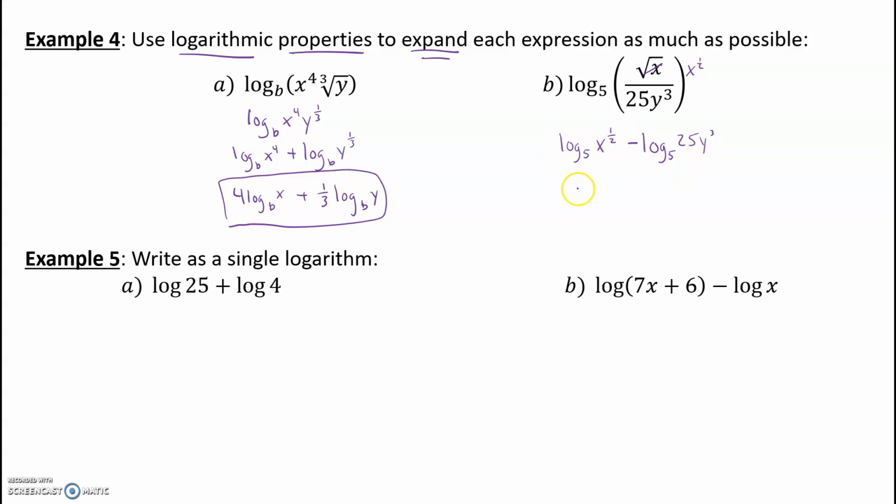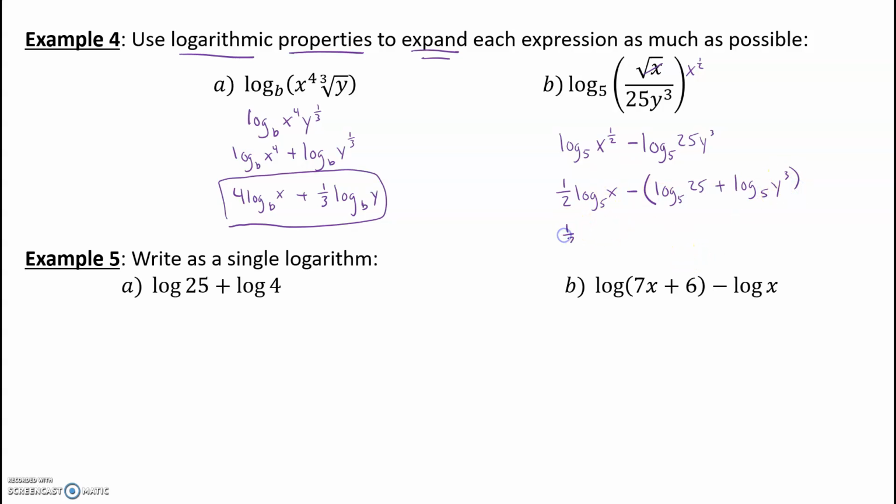Here I see that 1/2 can come out front, 1/2 log base 5 of x minus, now here I have 25 times y cubed, so I can break this apart into addition. Use your parentheses though, because stuff can get weird. Log base 5 of 25 plus, right, multiplication, log base 5 of y cubed.